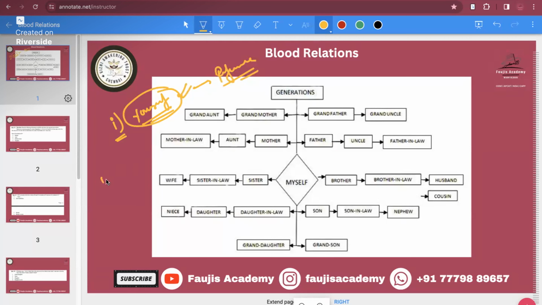And second, try to separate each of these generations, one, two, three. If you are in this generation, your father will come into the previous generation.